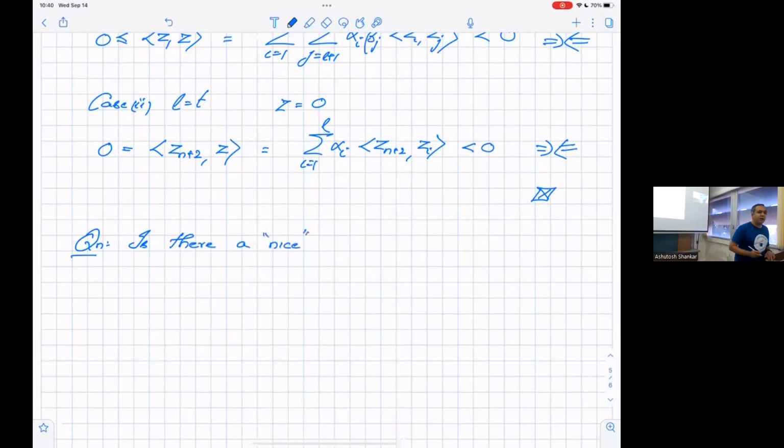You can question what I mean by nice. Nice is possibly a convex bound that performs as well as Plotkin and Hamming.